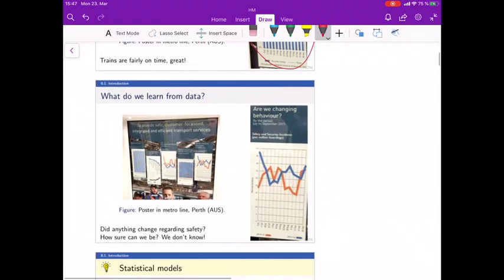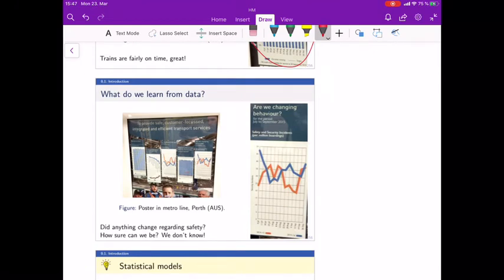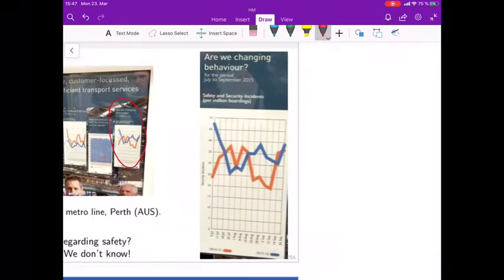But there's another one. That's the first graph here on the left, but there's another one here on the right. Let's have a look at this one, and this is the safety and security incidents graph for the 2 years 2014 and 2015. 2014 in orange, 2015 in blue. And it is titled, "Are we changing behavior?"